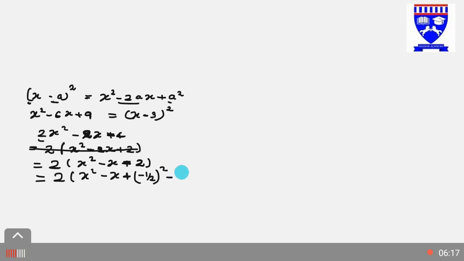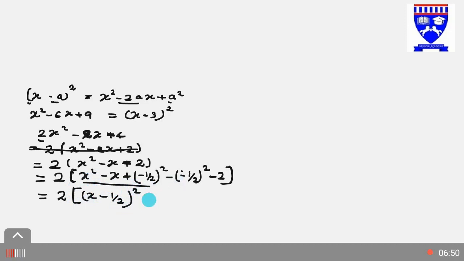Okay, so minus half holding square, and you already have minus 2. I am using a square bracket. So this one is basically 2 into, the whole thing is x minus half squared.